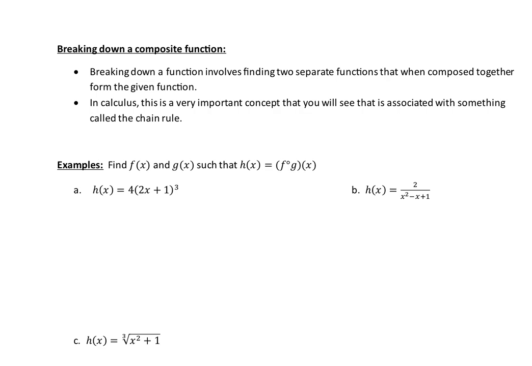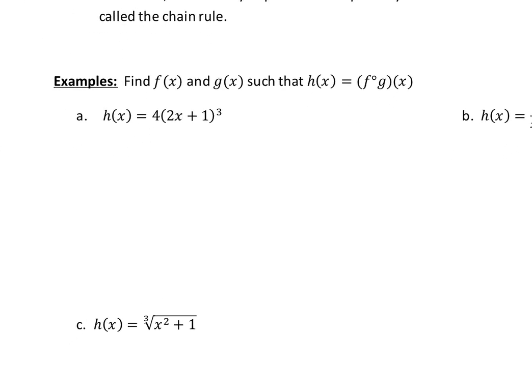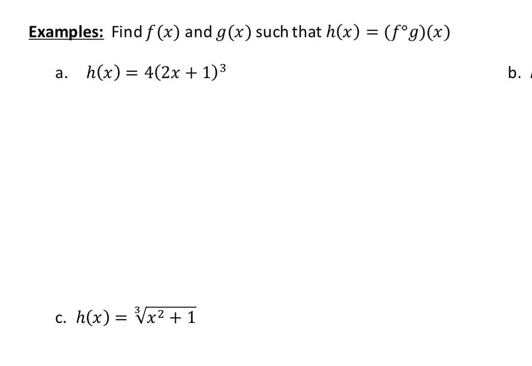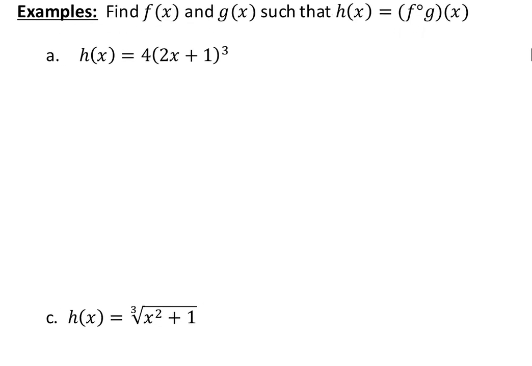Now, one thing to note is that for some of these, there are going to be multiple ways that you can do this, and I'll show that to you on a couple of them. For instance, if we start with h of x, I want to see what the basic components are.